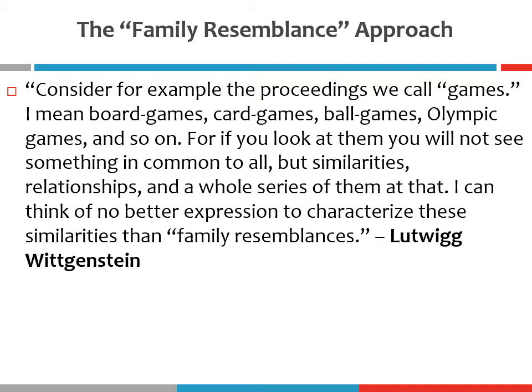Okay? So with family resemblance, it's just the notion that things in a particular category resemble one another in a number of ways, right? And this is the criteria, right? So instead of saying that there's a definite criteria that every member of a category must meet, the family resemblance approach simply says that there can be some variation within the category, right?